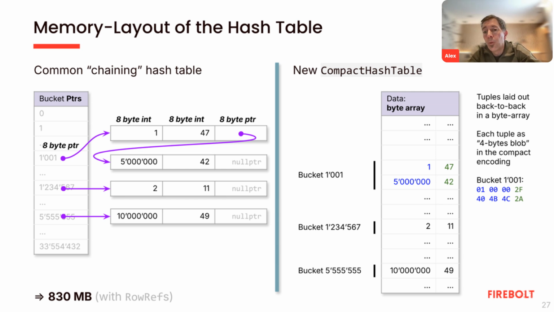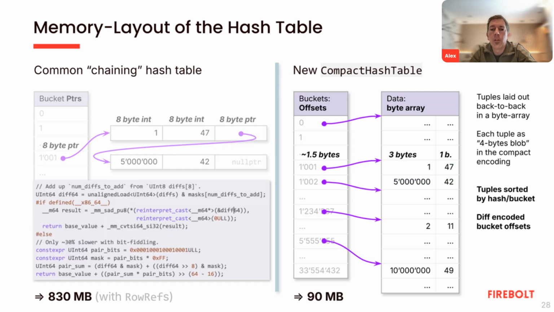And then also per tuple, we make sure to lay out the values in that tuple back to back in that byte array. So for instance, bucket 1001, it contains 2 tuples, 147 and 5,042. And these would be laid out, as you see here on the right, as essentially 8 bytes, shown in blue and green, which just come back to back in the byte array. Okay, that's how we encode the tuples.